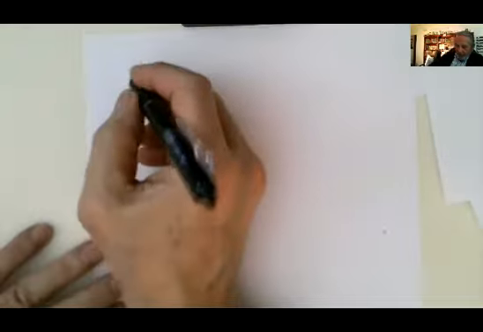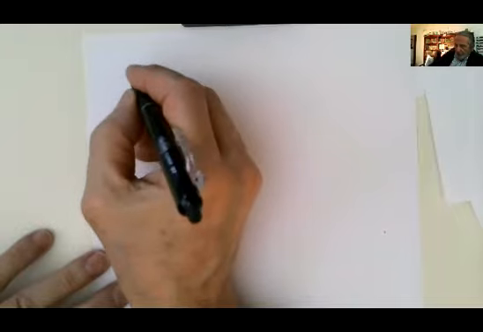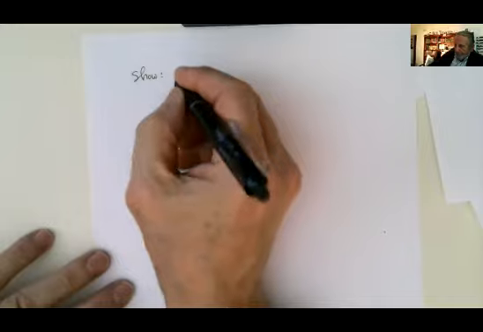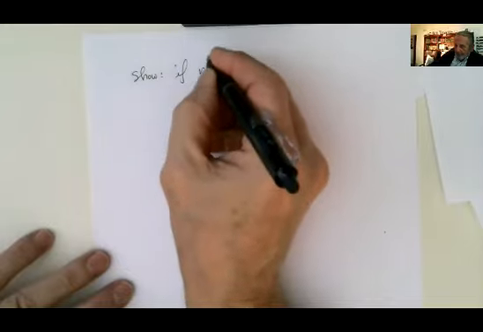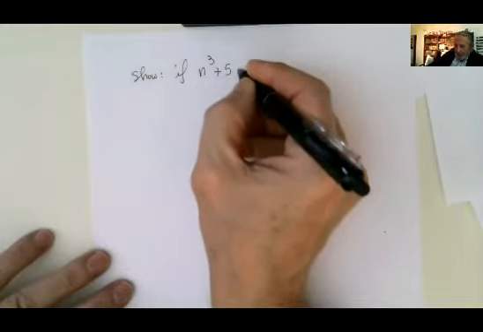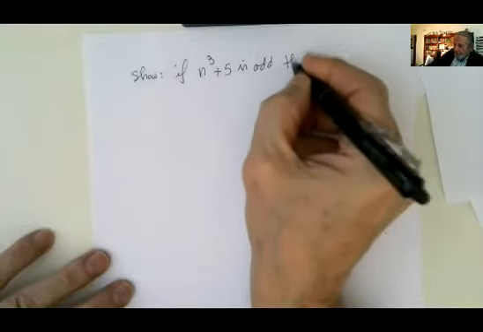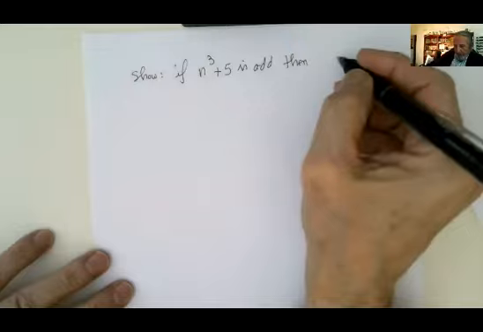Last question, last example. Show that if n cubed plus 5 is odd, then n is even.